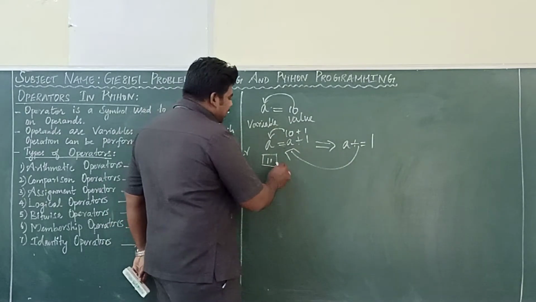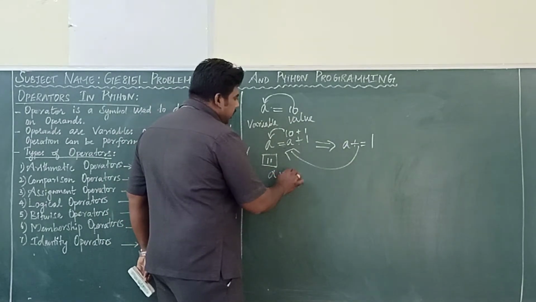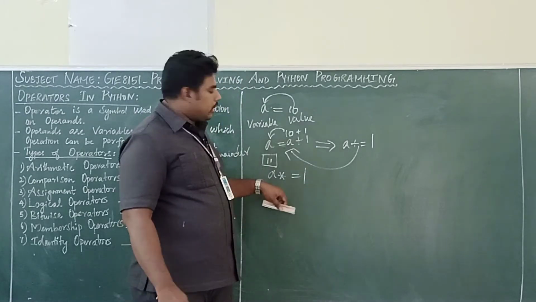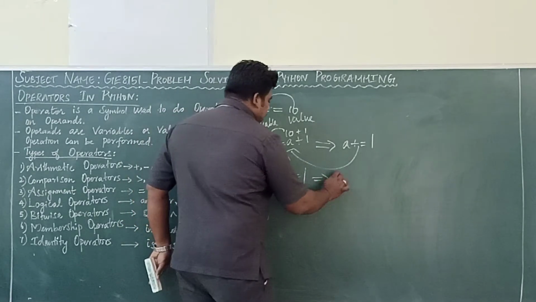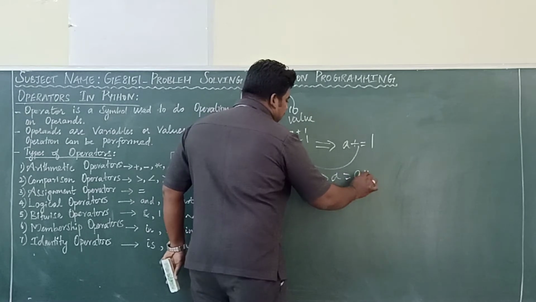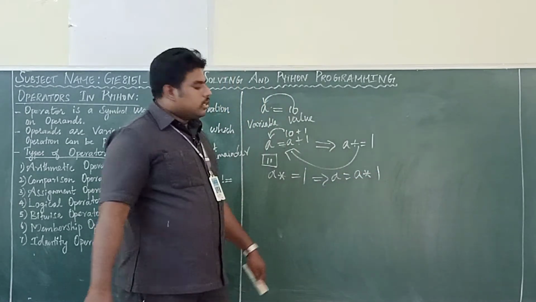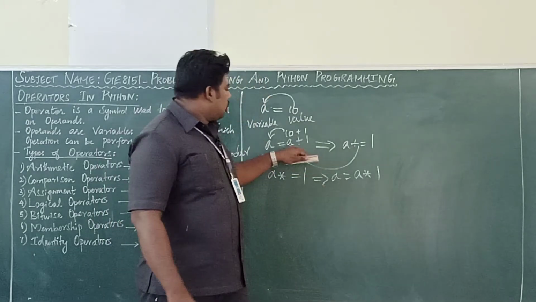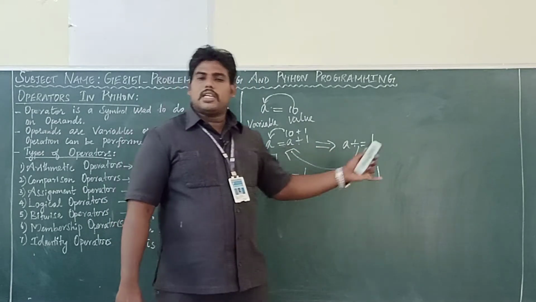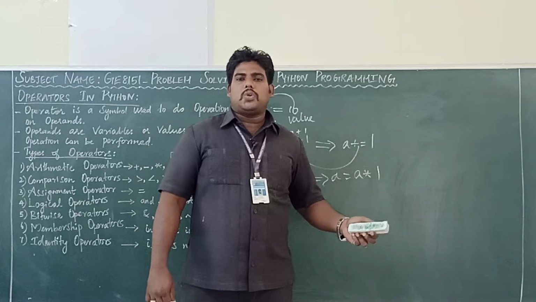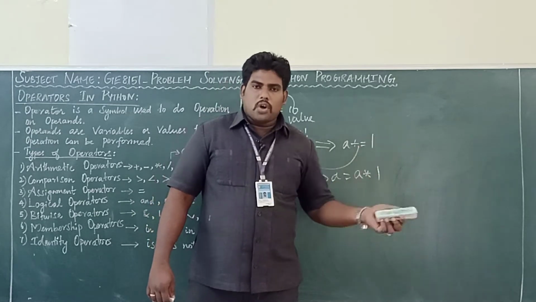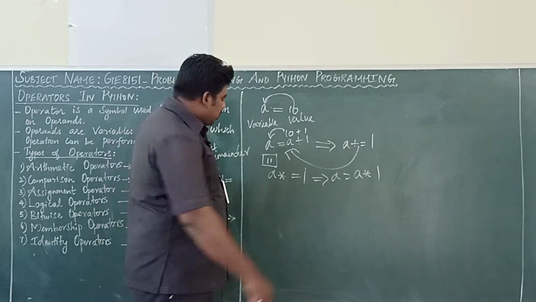Similarly, I can write like this: A multiply equal to 1. So it denotes that A equal to A into 1. Similarly, it works with all the arithmetic operators. That is plus equal to, minus equal to, multiplication equal to, division equal to, remainder division equal to, floor division equal to, exponential equal to.